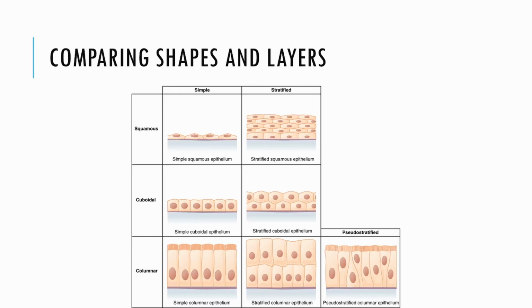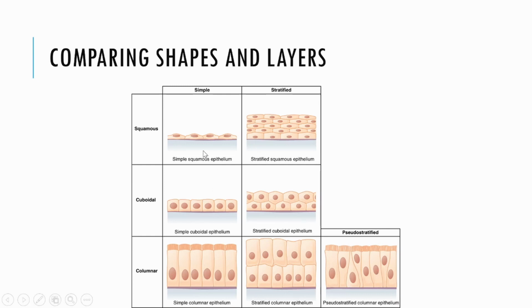So let's look at these different shapes and layers in terms of how we would name these epithelial tissues. We have our layers up here, and that will always be the first part of the epithelial tissue's name. So any epithelial tissue you're looking at will start with simple, stratified, or pseudo-stratified, followed by the shape, squamous, cuboidal, or columnar.